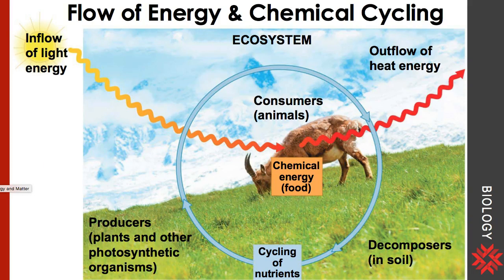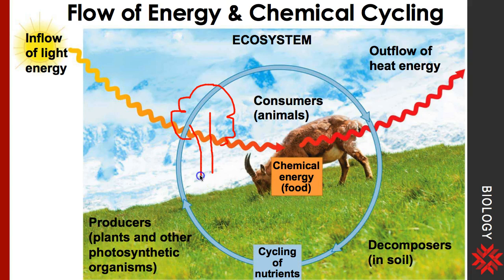So if you look at this diagram here, this helps to explain those two major processes, the flow of energy and that chemical cycling of the matter being used over and over again. So if you first look here, you've got the inflow of light energy, and I would highly advise that everybody just draw in a little tree here, because I don't like the way that arrow comes straight to that animal, straight to the consumer, because we know first that that sunlight has to get absorbed by producers through photosynthesis.